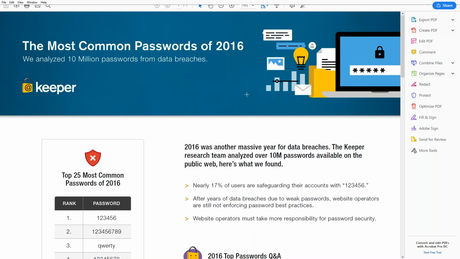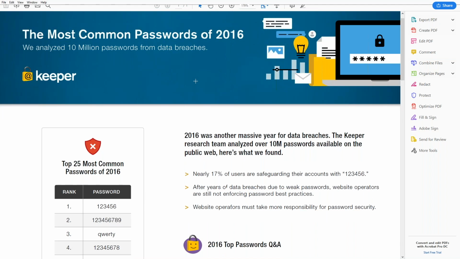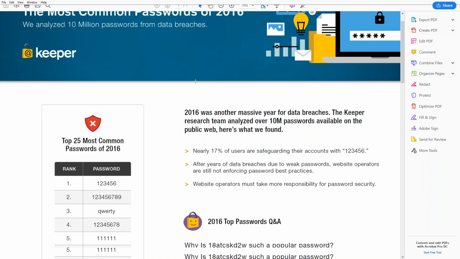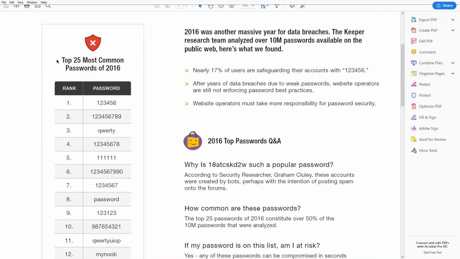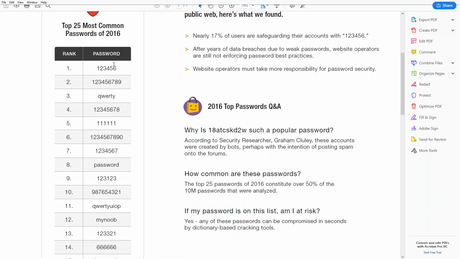You can see here on my screen, we did a study back in 2016 where we analyzed 10 million passwords from data breaches. What was really interesting was that if you look here to the left, the top 25 most commonly used passwords of 2016 that were subject to a data breach, the number 1 was 123456.